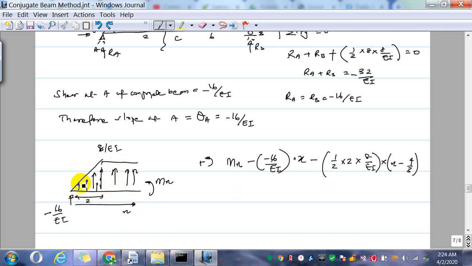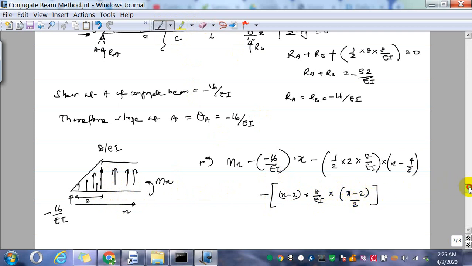That is due to this triangular load, and then this rectangular load is again minus. x minus 2 is the base into 8 over EI is the height, so that is the area, and the effect of this load acts at half of that distance, so x minus 2 divided by 2.